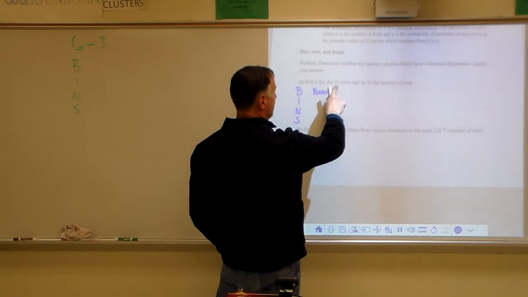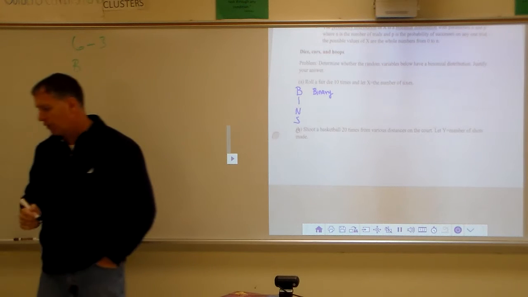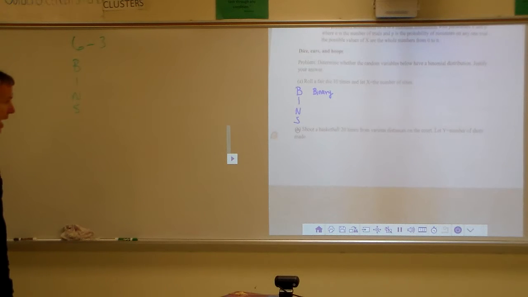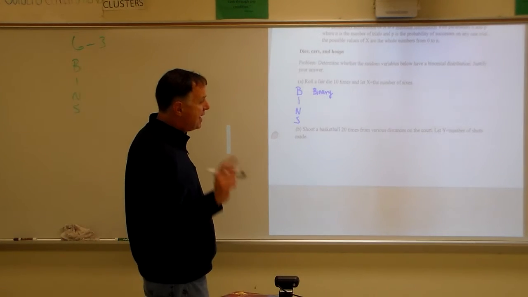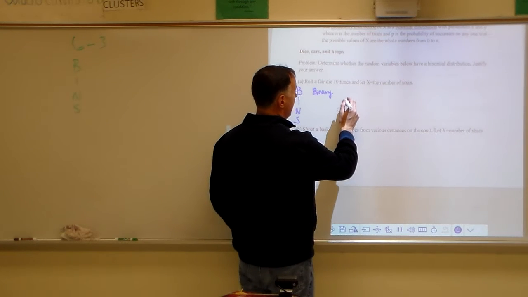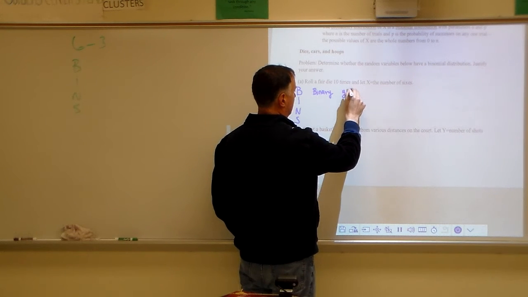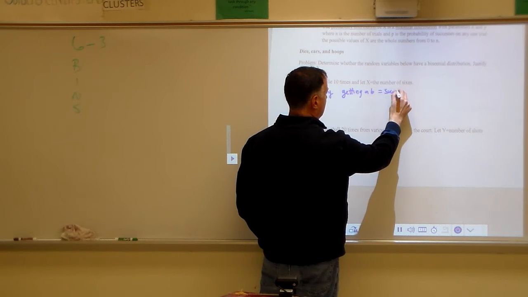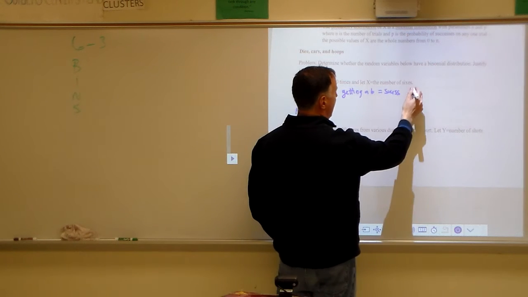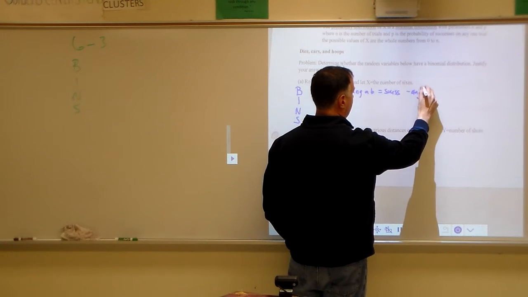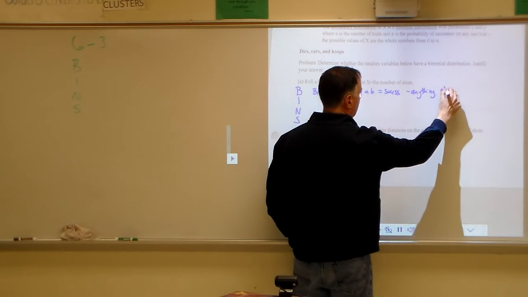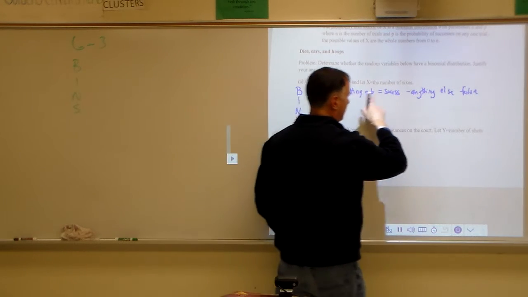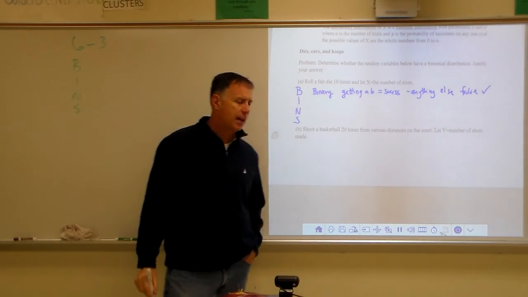So you're rolling a fair die 10 times and let X equal the number of 6s. If they asked you to provide explanation, which they may, you would say getting a 6 equals success, and anything else is a failure. So can we do it by success and failure in this situation? Yes, we can.